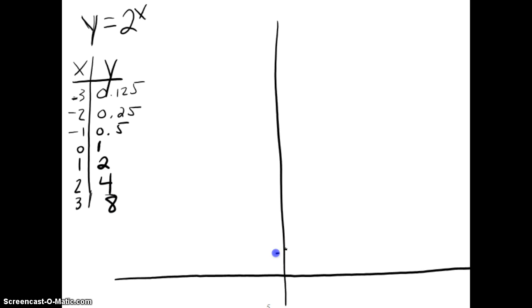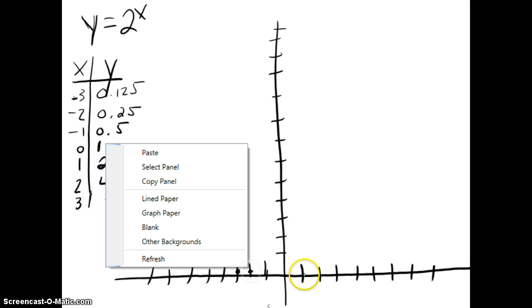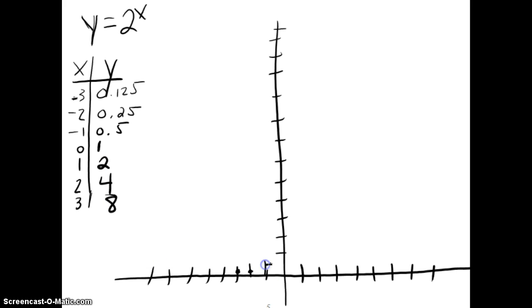And now I graph. -3 gives me 0.125. -2 gives me 1/4. -1 is going to give me 1/2. 0 will give me 1. 1 is a y value of 2. 2 is a y value of 4.